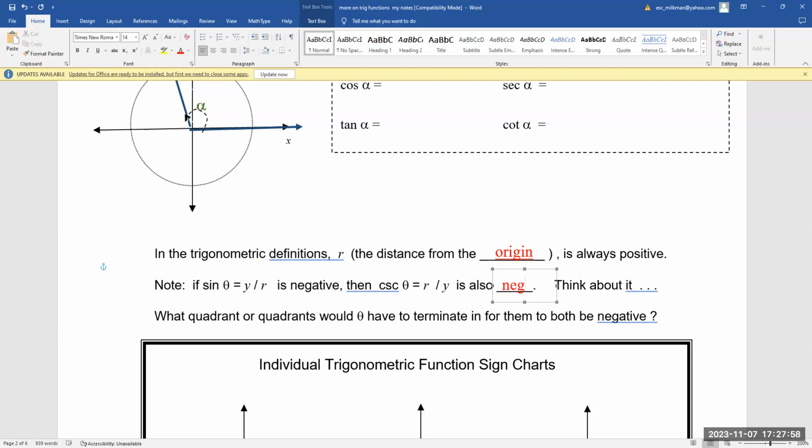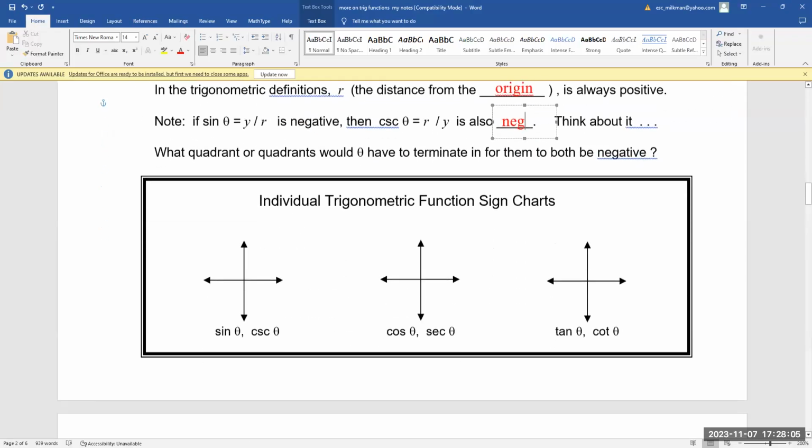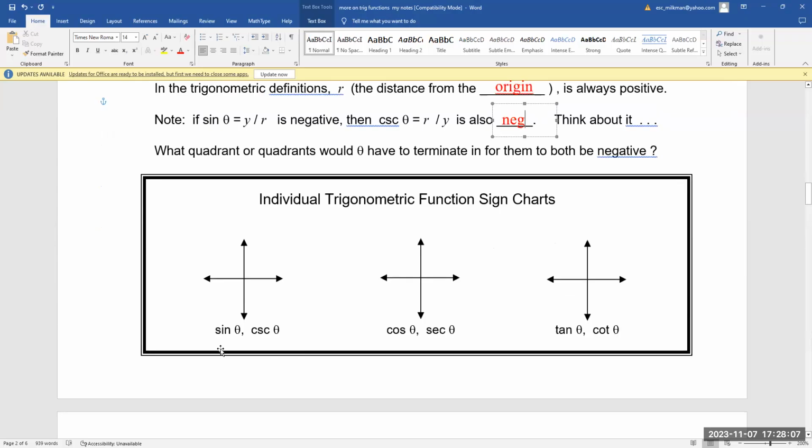Just think about it. So what quadrant or quadrants does theta have to be in for them to both be negative? I want to first look at the sine and the cosecant. Remember, the sine is the y value over the r, and I want to know when both the sine and the cosecant will be negative. Well, the sine is going to be negative only when the y's are negative, because r is always positive.